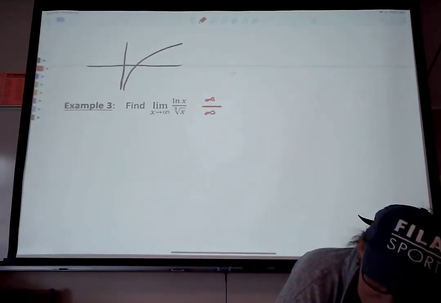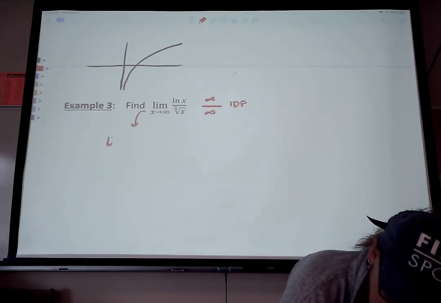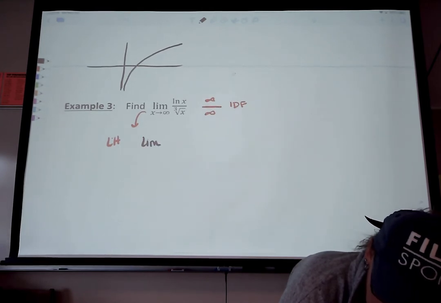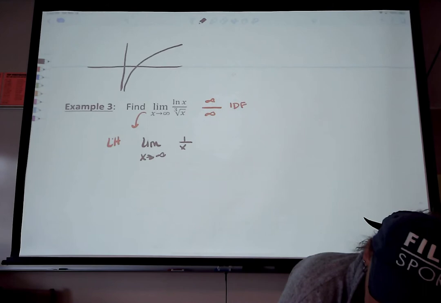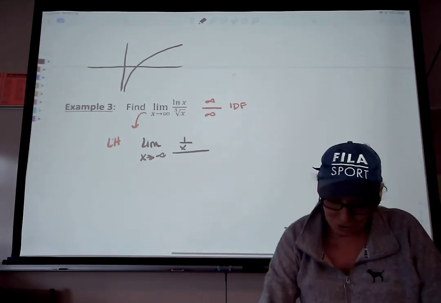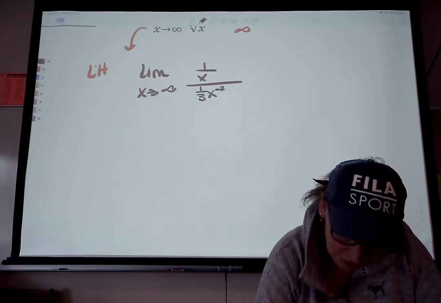So that's an indeterminate form. Oh golly. X to the 1/3. The derivative of x to the 1/3 is 1/3 x to the negative 2/3.